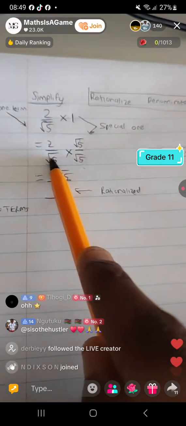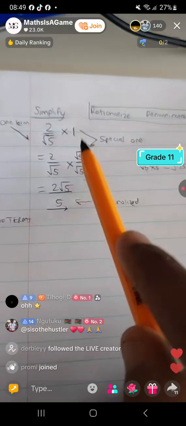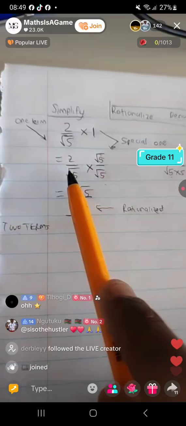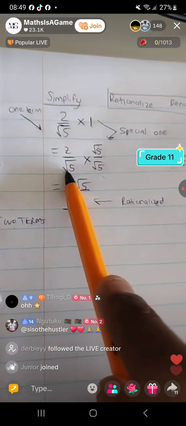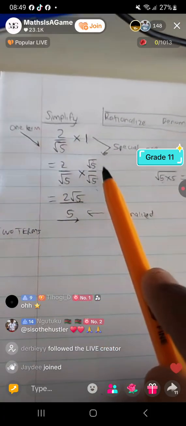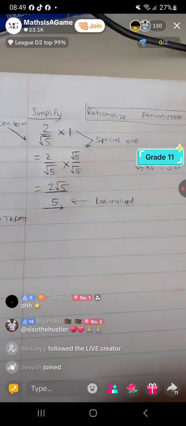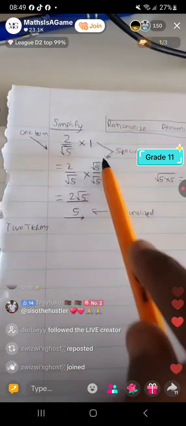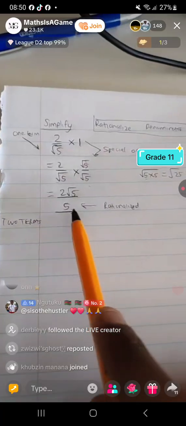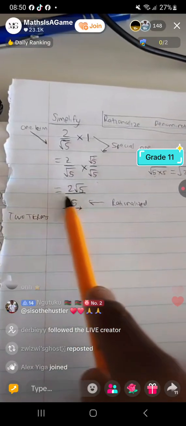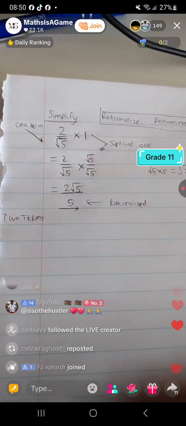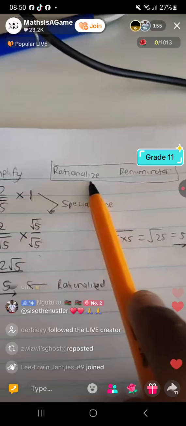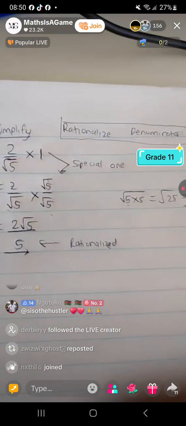If the denominator was root 2, we were going to say times by root 2 over root 2. If the denominator was root 12, we were going to say times by root 12 over root 12. I hope you understand. This is the special one that we utilize to multiply, so that at the end of the day, our denominator is not irrational but rational. That's why we call this rationalizing the denominator.